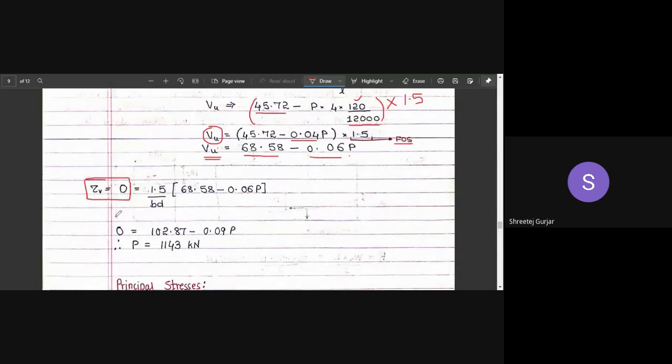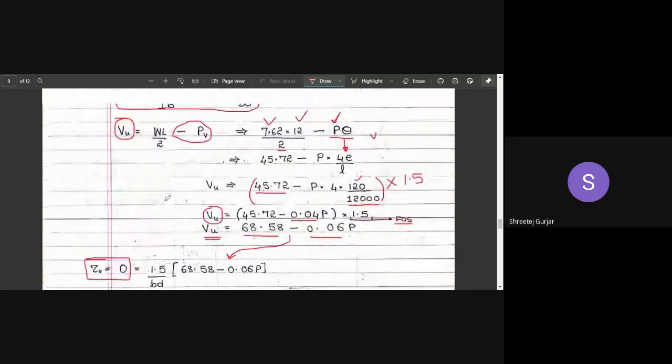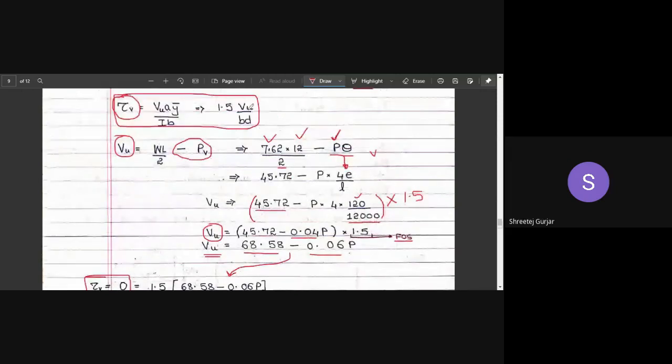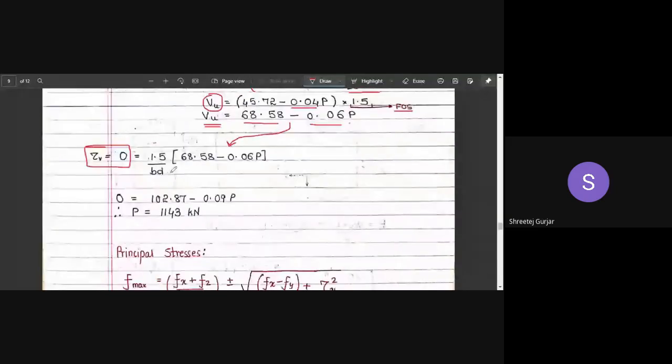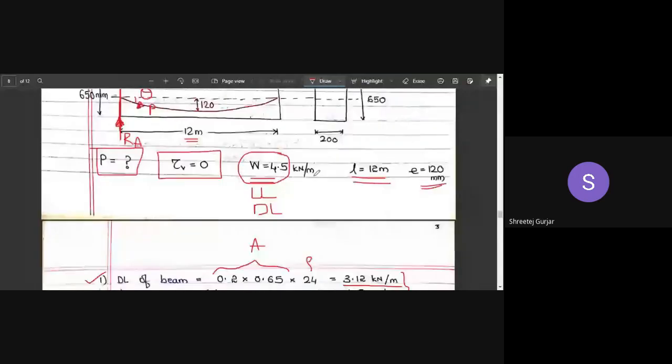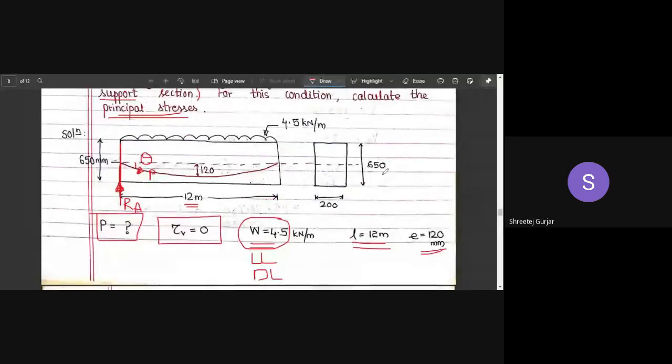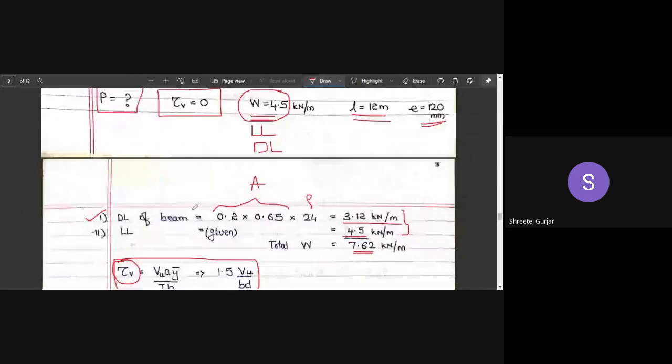So equating it to 0, 0 equals 1.5 by BD into VU, where VU is what we calculated, 68.58 minus 0.06 P. BD is the cross-sectional area of the beam, which is 200 into 650. That you can substitute here and simplify this equation.